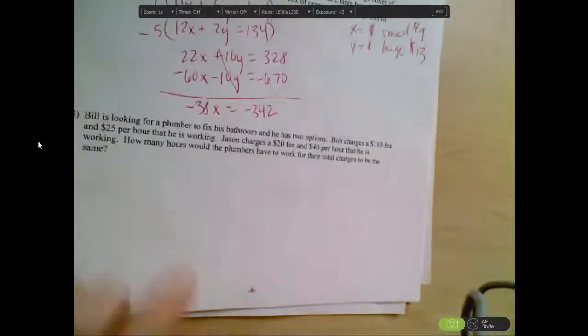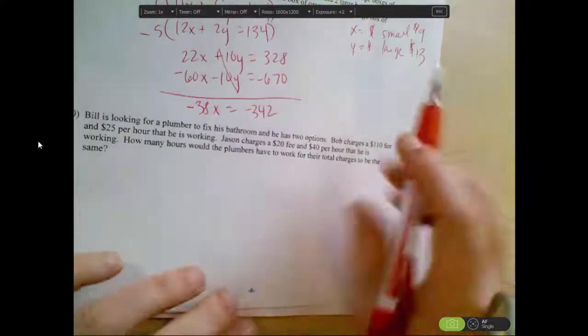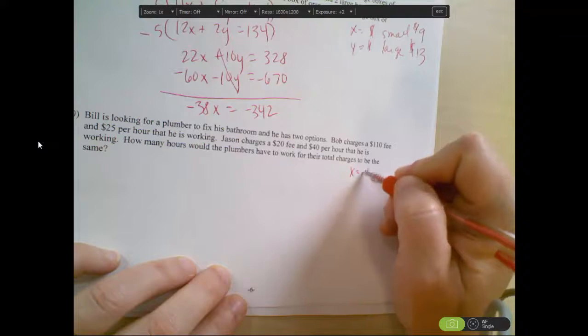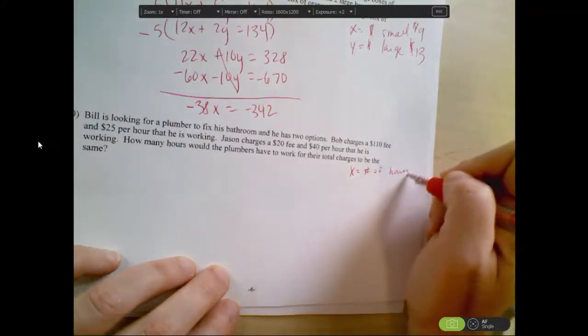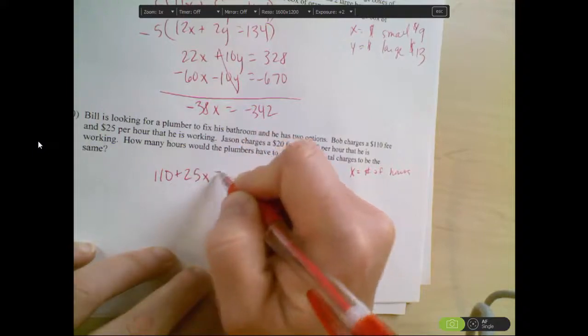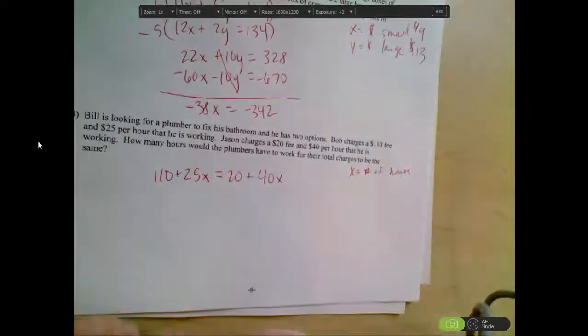And finally, how many hours would the plumbers have to work for their total charges to be the same? So, X equals number of hours. So Bob is going to be 110 plus 25x. And when does that equal 20 plus 40x?